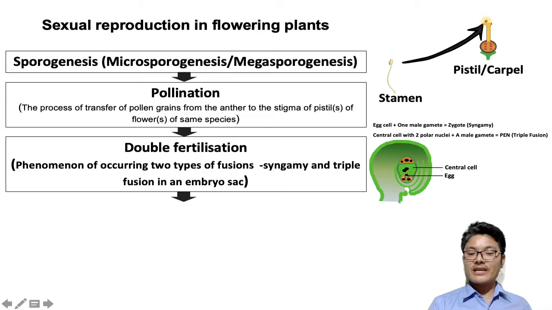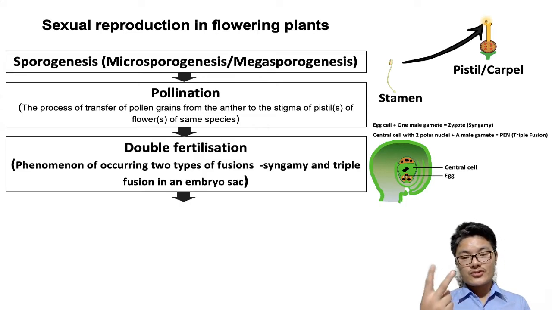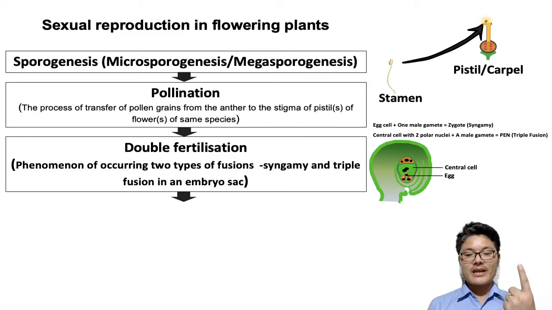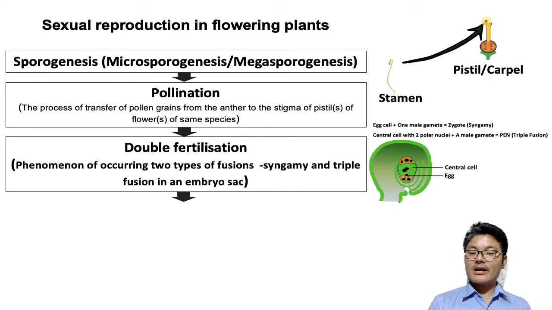So double fertilization is a phenomenon in which two fertilizations occur. One is fertilization of one male gamete with the egg cell, and on the other hand we have fertilization of another male gamete present within the pollen tube with the central cell having two nuclei.